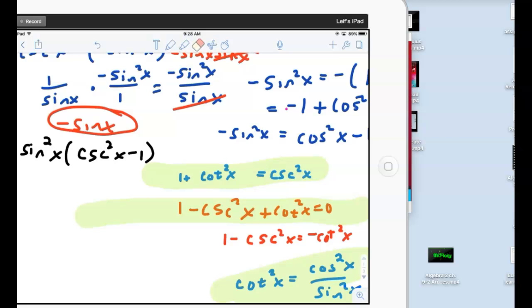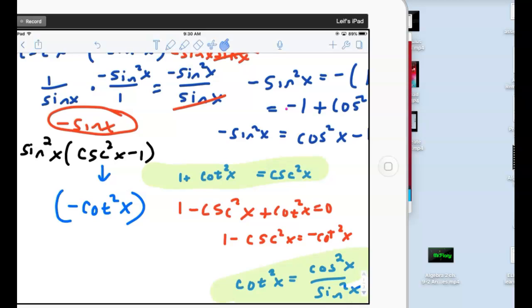And then if I subtract cotangent squared from both sides, I get 1 minus cosecant squared equals negative cotangent squared. So that's where I'm at with that, which means I can plug in a negative cotangent squared there for the cosecant squared minus 1.